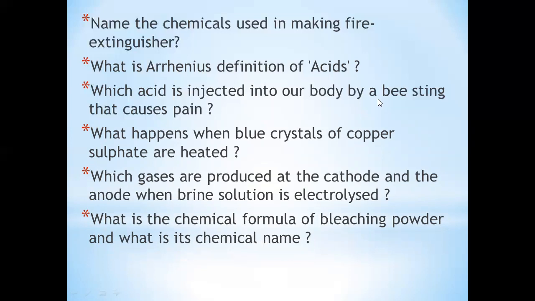What is the chemical formula of bleaching powder and what is its chemical name? Bleaching powder is calcium oxychloride. Chemical name calcium oxychloride and formula CaOCl2.